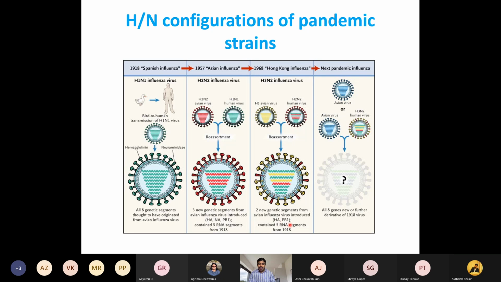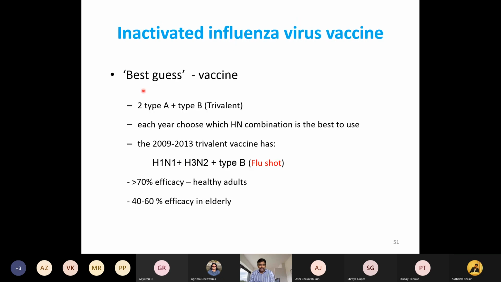Hemagglutinin and the polymerase. So it has a new H configuration. That's why, instead of H2, it becomes H3, because it has a yellow H fragment which came from the bird virus, which is H3. So this is the new configuration. We don't know what's going to be the next configuration. That could be anybody's guess.